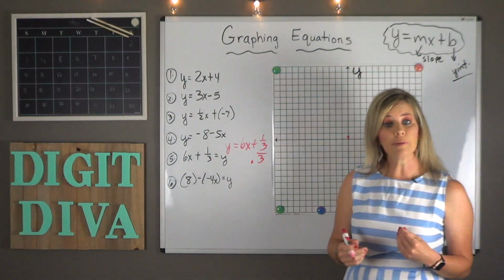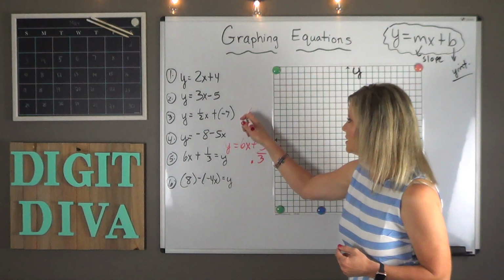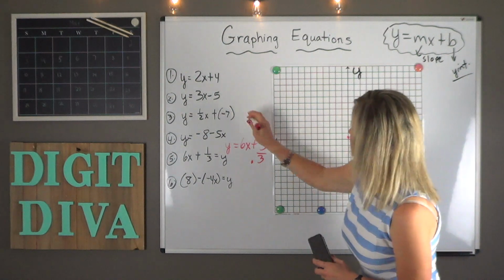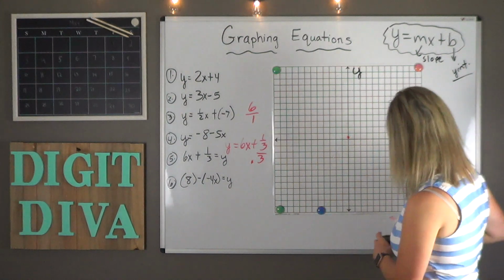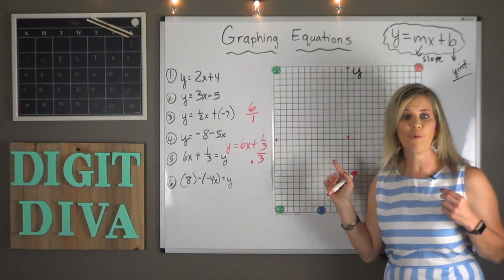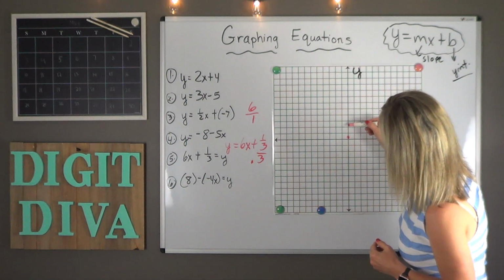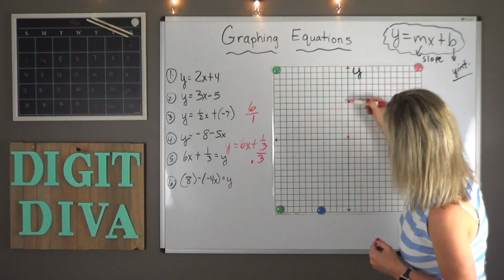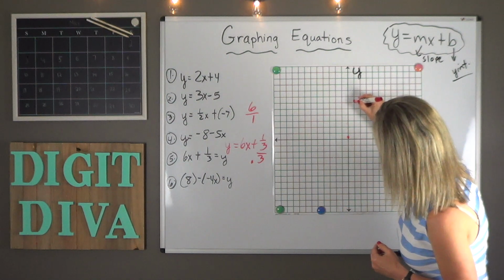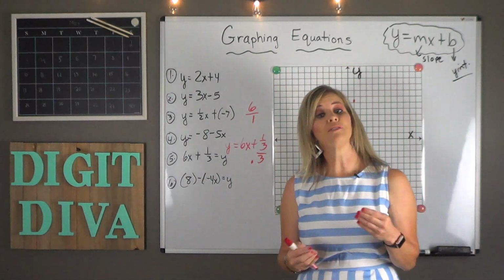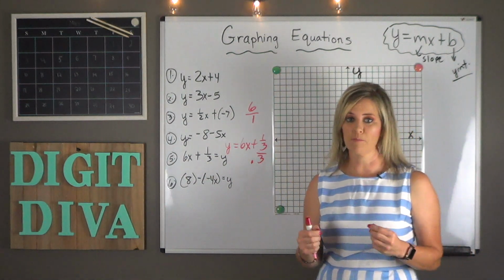And then my slope is 6, which is 6 over 1, okay? My handwriting is bad sometimes. So 6 over 1. From that point on my y-axis, I'm going to go up 6 units, 1, 2, 3, 4, 5, 6, and over 1. Okay? So it's not in the corner of any of these boxes because my y-intercept is a decimal, 0.3.